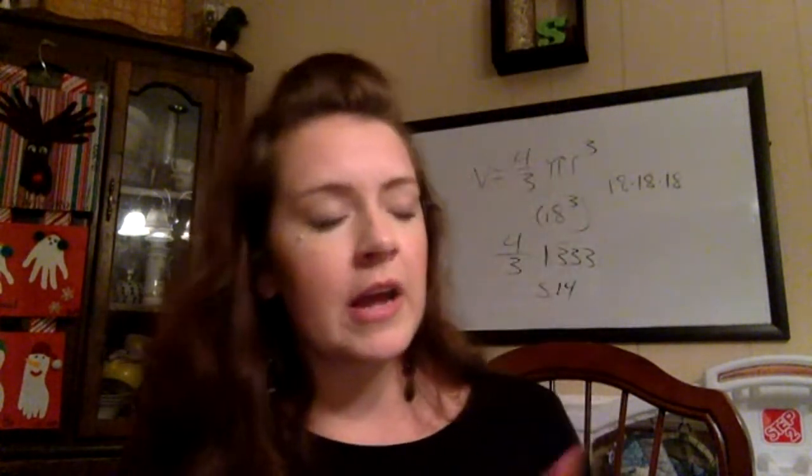So what formula are you going to use? You're going to use your V equals 4 over 3 times pi times r cubed. Remember, you do the r cubed first, then you multiply it times 4 over 3, or 1.3 repeating, and then you multiply it times pi. So again, just follow the directions for the formulas for this section.